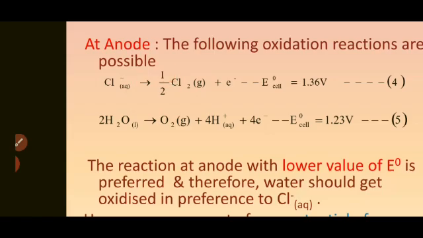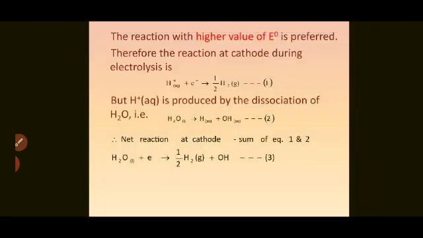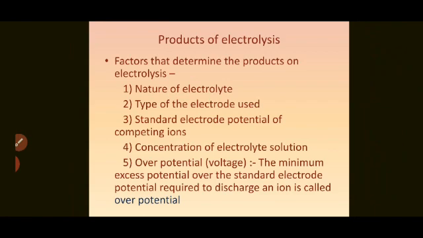So whatever factors we have studied, just see the factors once again. Nature of electrolyte, that is whether it is in molten form or aqueous form; depending on that the product changes. Then the type of electrode used, maybe a metal rod of the same metal or carbon or any other electrode; again the product changes.